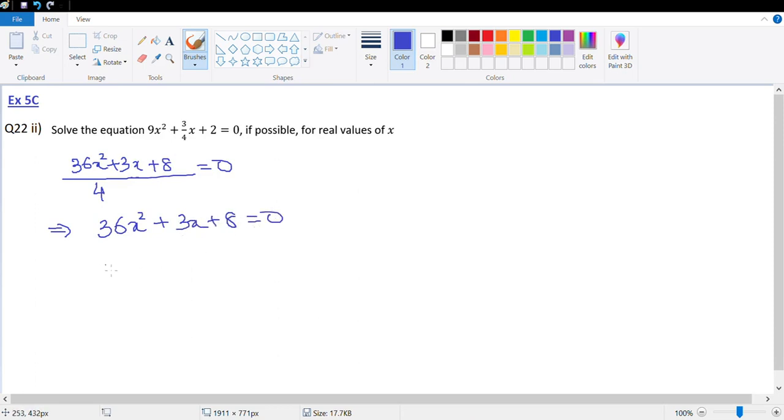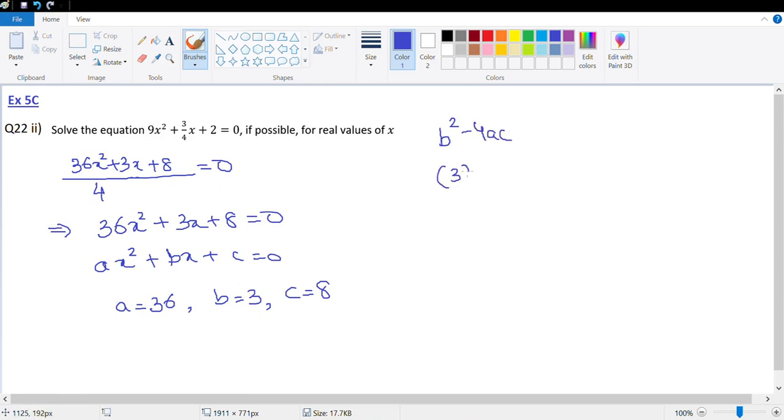If I compare it with ax squared plus bx plus c is equal to 0, I get a is equal to 36, b is equal to 3 and c is equal to 8. Let's check the value of b squared minus 4ac. That's 3 squared, sorry, not cube, 3 squared, that's 9, minus 4 into 8, 32, into 36.